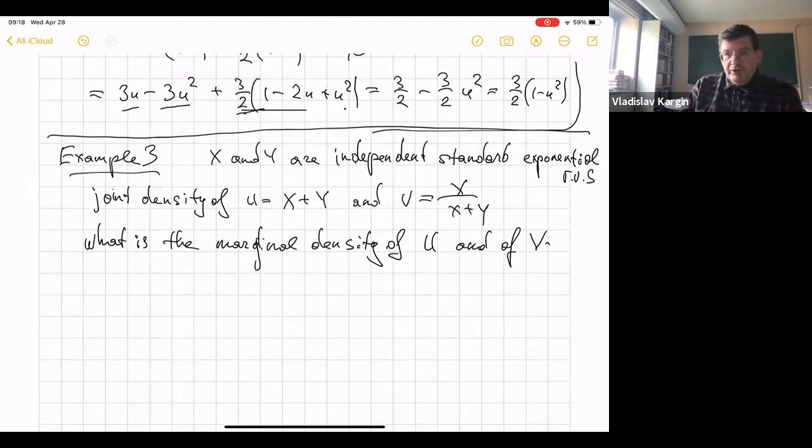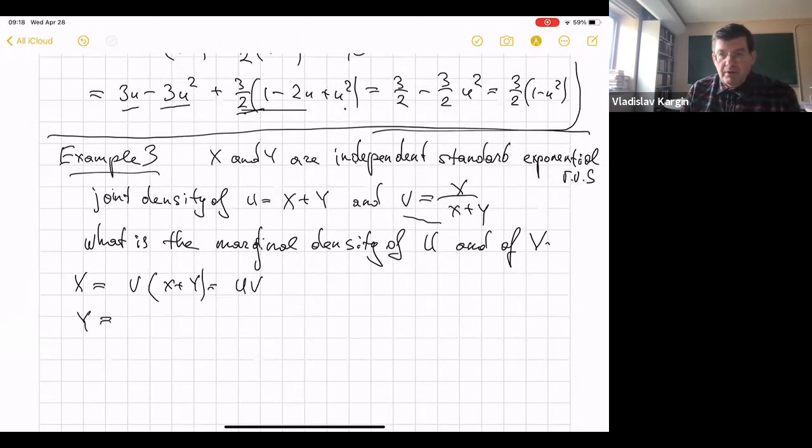Here you're given U and V. So what about the inverse transformation? You can see that X is equal to V multiplied by X plus Y, so it's equal to UV.